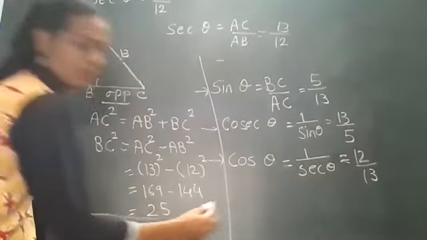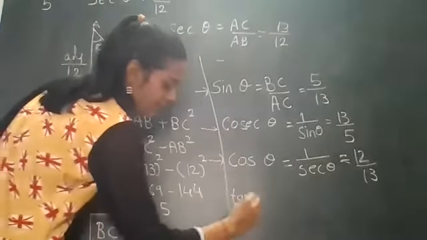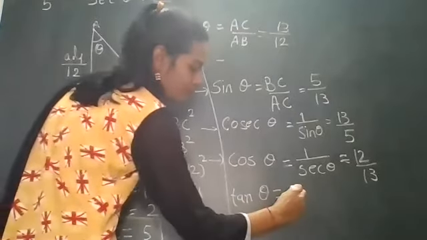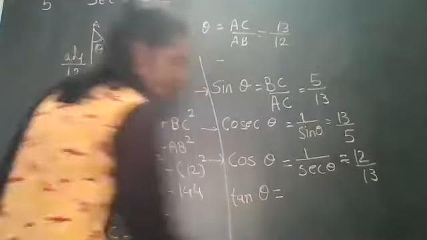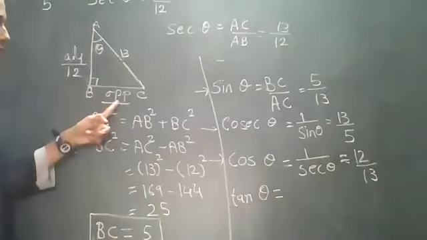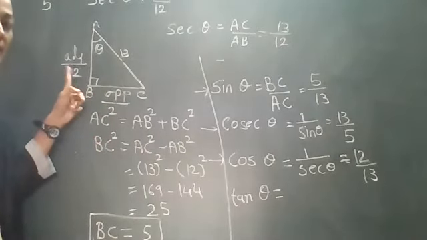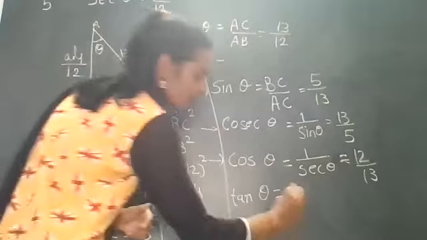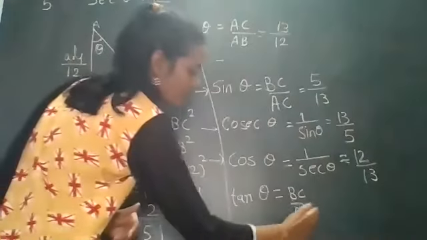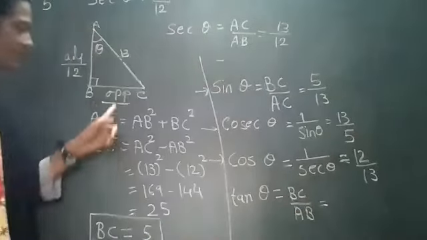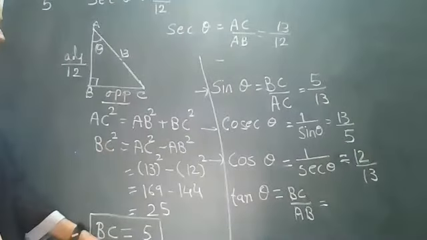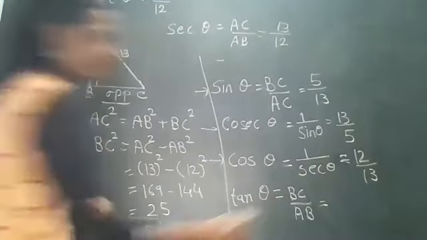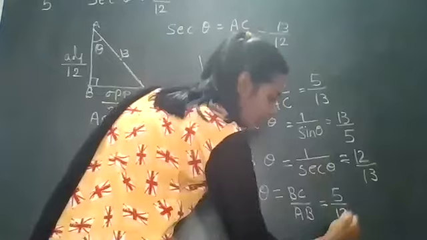Now next we have to find out the tan theta. Tan theta is equal to opposite upon adjacent side. So it becomes BC upon AB. So BC is given as 5 that we found and adjacent is 12. So it becomes 5 upon 12.